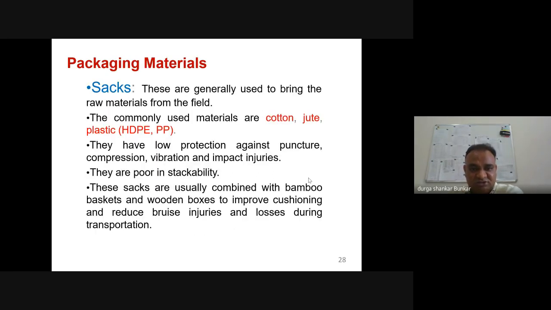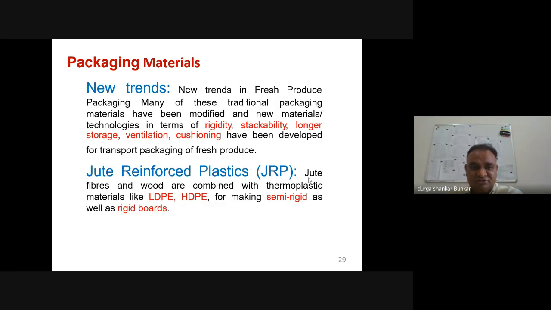So sacks, if we are using sacks, there are cotton, jute, plastic, as we discussed earlier. If we take note of the new trends, then we can say some traditional packaging material might be modified, and new material technologies in terms of rigidity, stackability, longer storage, ventilation, cushioning have been developed for transport packaging of fresh produce.